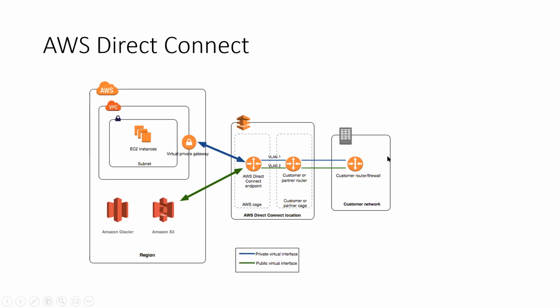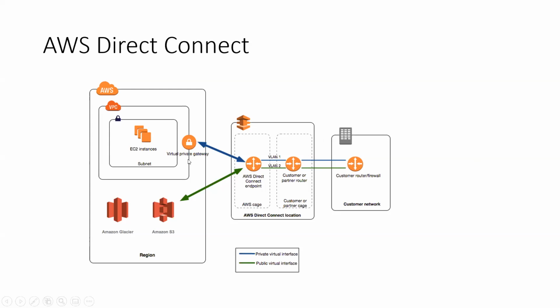Nine out of 10 times, since I know your financial institution, you will have a Direct Connect. But Direct Connect is a very expensive solution, though it's good if you don't want to go through the regular internet. If you want a dedicated private virtual interface, this is the best way to go.